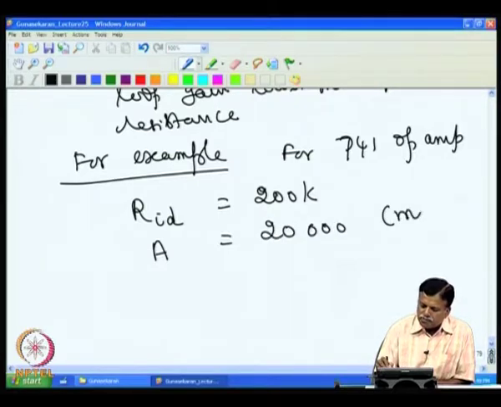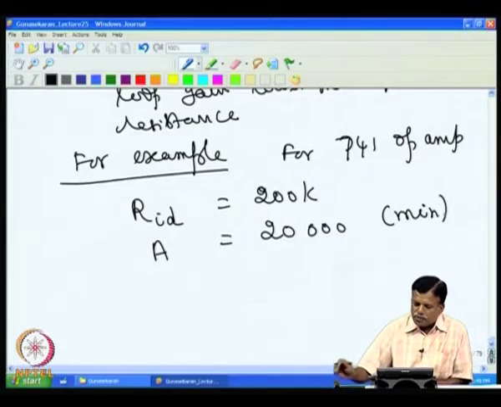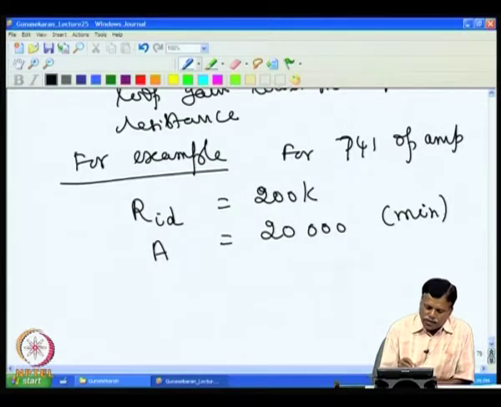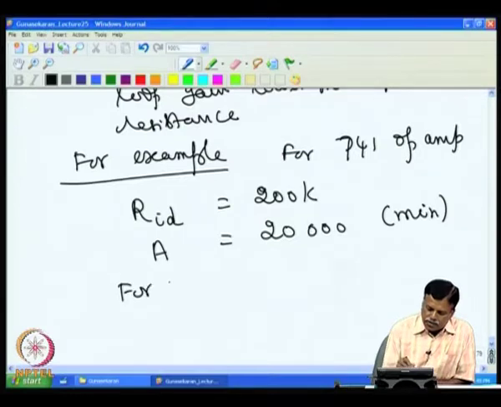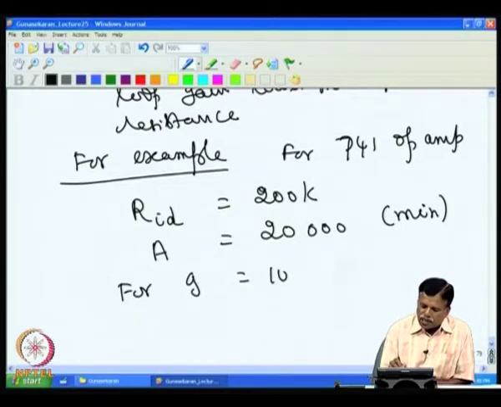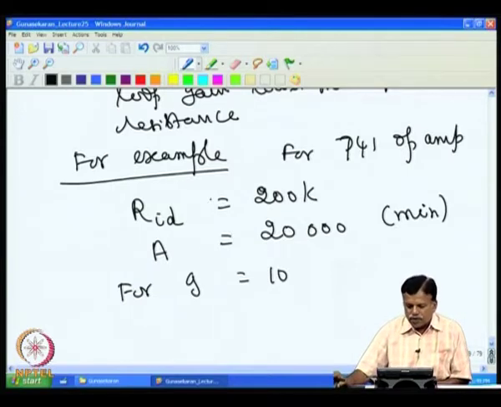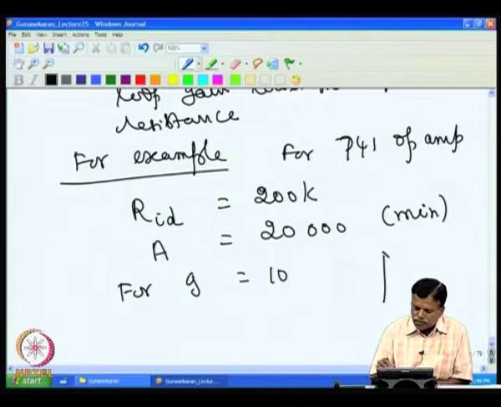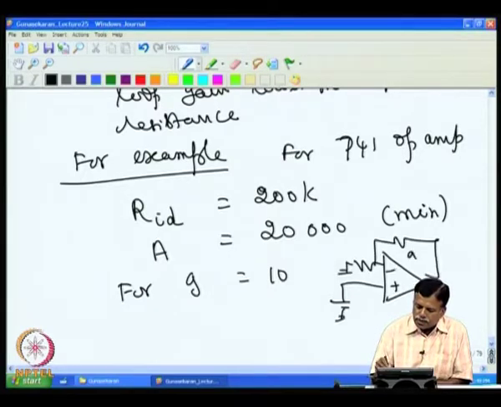Suppose I put a gain of 10, that is G is equal to 10, and use a non-inverting amplifier with 9K and 1K here, that means gain 10.